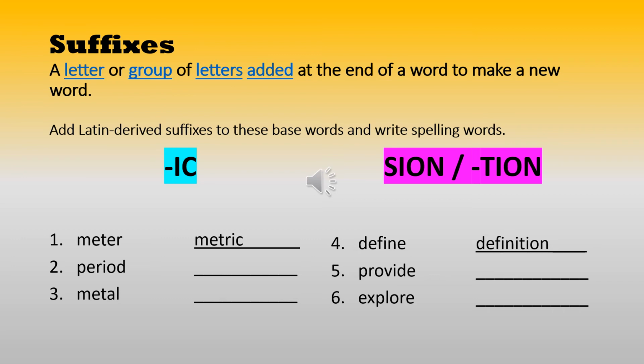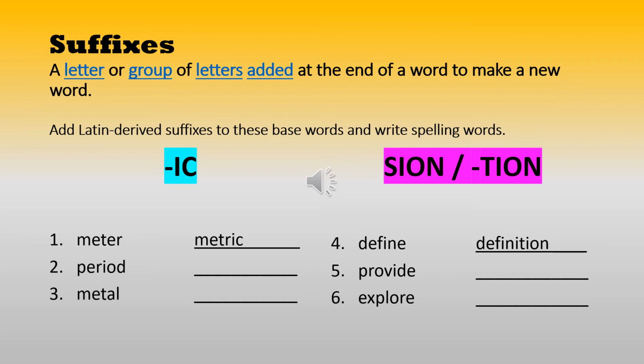So the instruction says that we are going to add a suffix. Remember, a suffix is a letter or a group of letters that are going to be added at the end of the word to make or to create a new word.